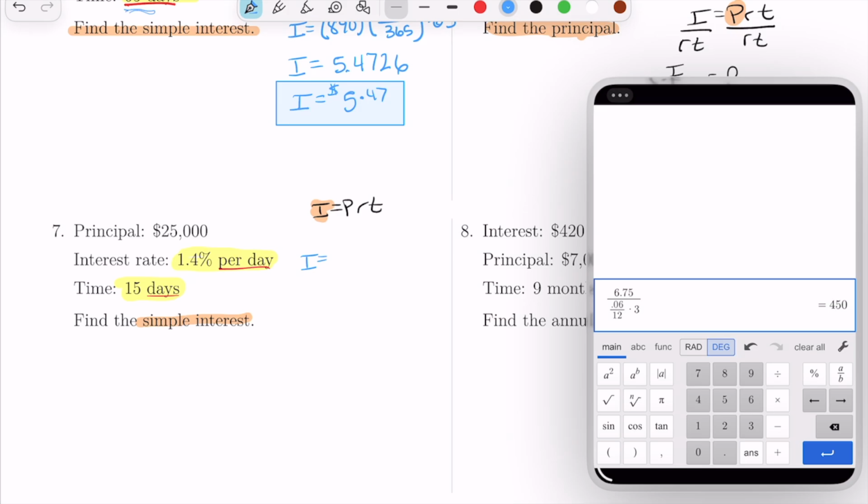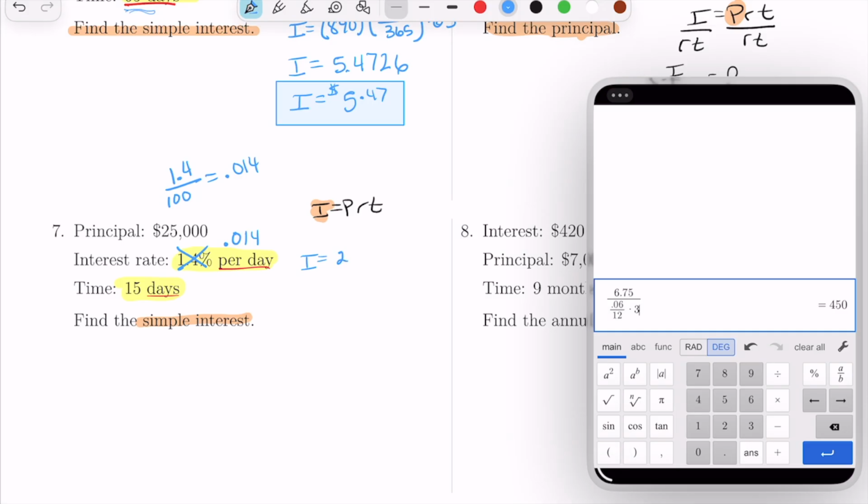Well, almost. 1.4%, I'm going to write that as 0.014. Because remember, we need to change that percent into a decimal. If you kind of forgot about that, 1.4% quite literally means 1.4 per 100, which would equal 0.014. I've just been moving the decimal over two places.